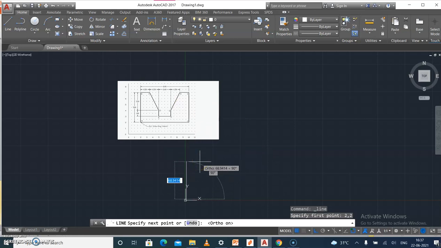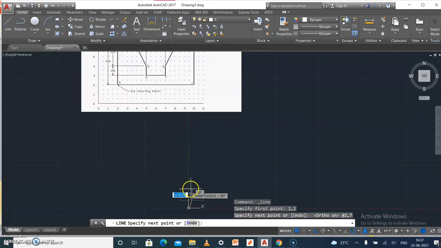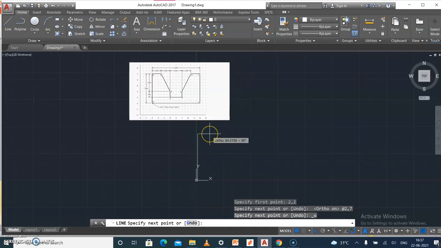Then I write here 2, 7. Enter. Okay. Then 0, 6.